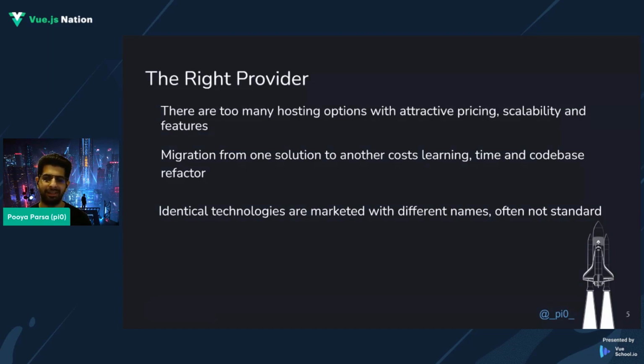We need caching. It doesn't matter what the technology is called by a vendor. This is also confusing sometimes if you want to choose the right one and we can't compare them equally, which is another thing that the Nitro project is trying to solve.